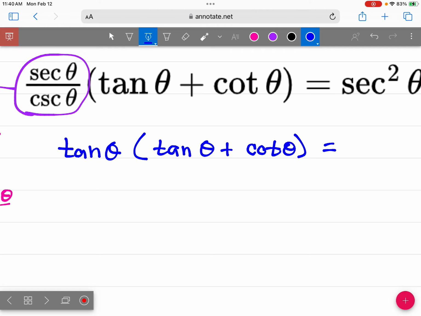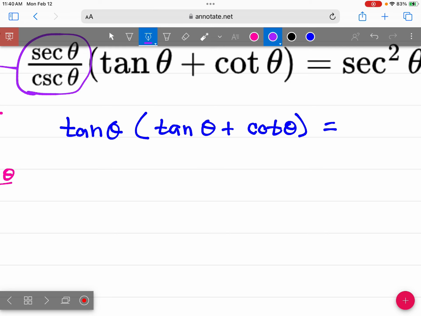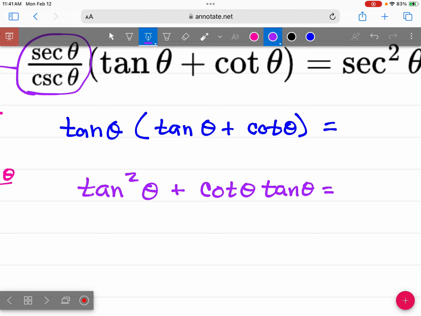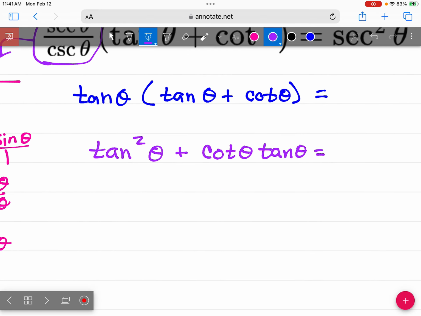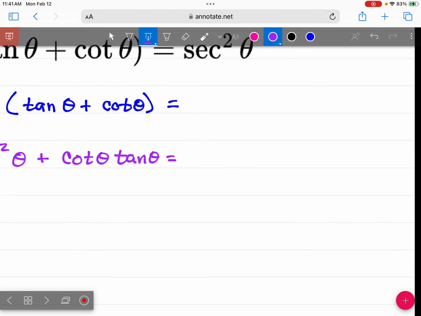And we can multiply this out to get tangent squared theta plus cotangent theta tangent theta. But again, that's another partnership that's an inverse of each other. We had this in the other one that we did together. So I'll do this part over to the right.